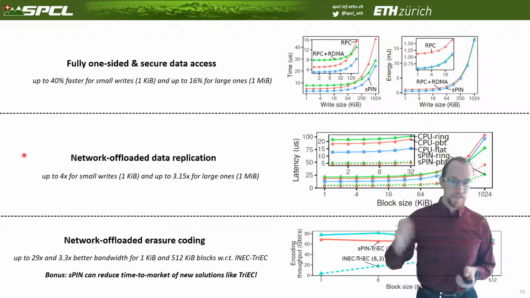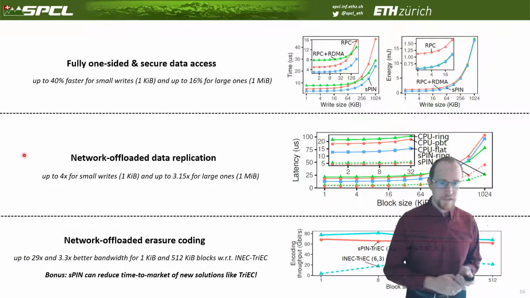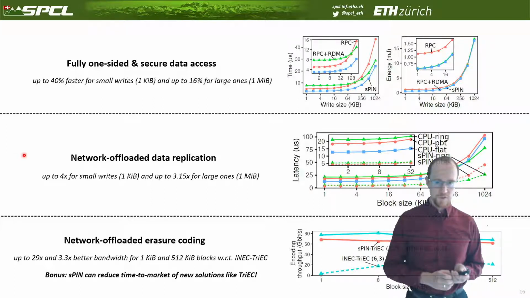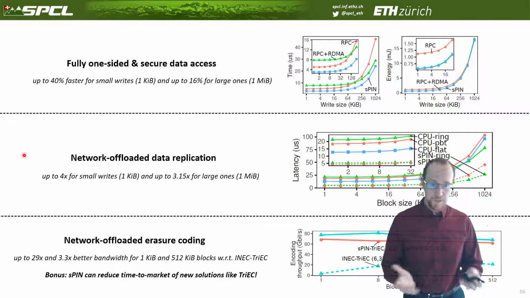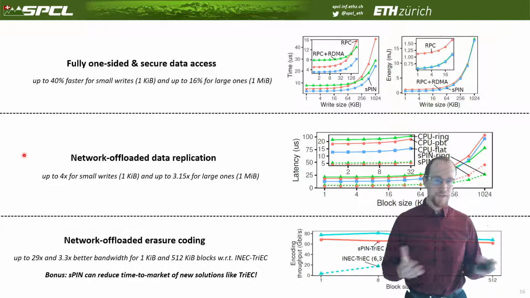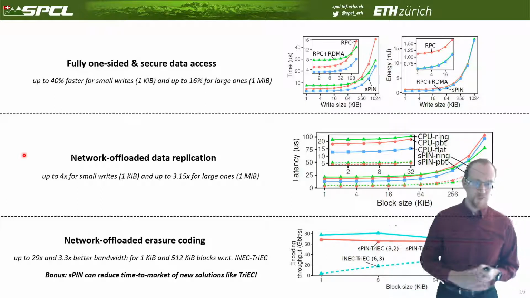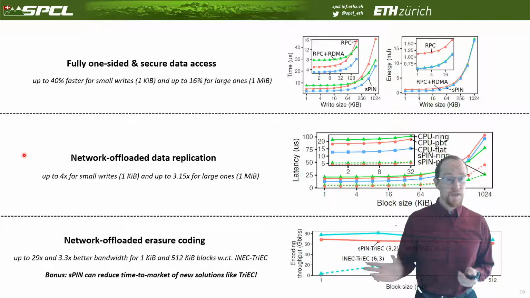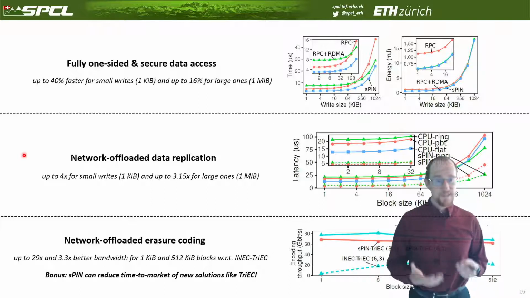There are many more examples. So we have fully one-sided secure data access with sRDMA implemented over sPIN. We have network-offloaded data replication. That's just pure replication. There's nothing special about it, so there's not even parity codes applied. And then the erasure coding, as I just talked about, you can also find this in the paper. One additional benefit is actually, since sPIN is like CUDA, you can just implement these parity codes within hours.